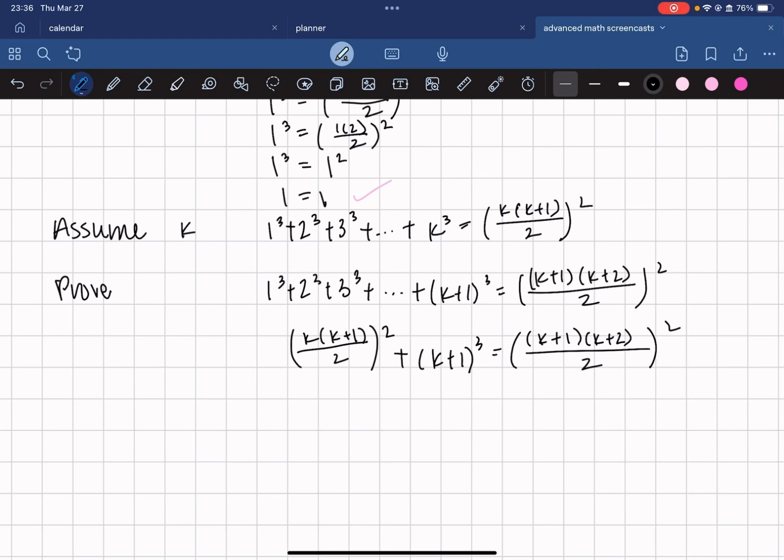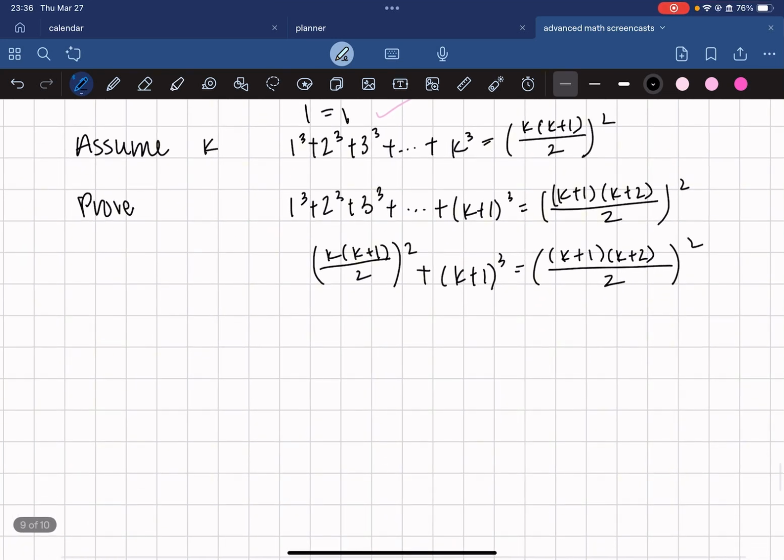So now we are going to expand the square. So we're going to have k squared times k plus 1 squared over 4 plus k plus 1 cubed is equal to k plus 1 times k plus 2 over 2 squared.